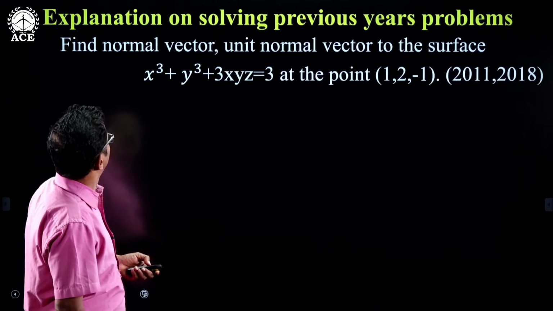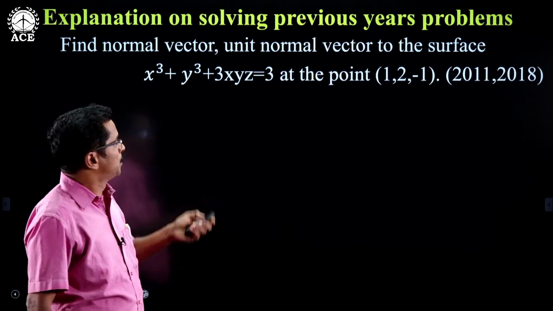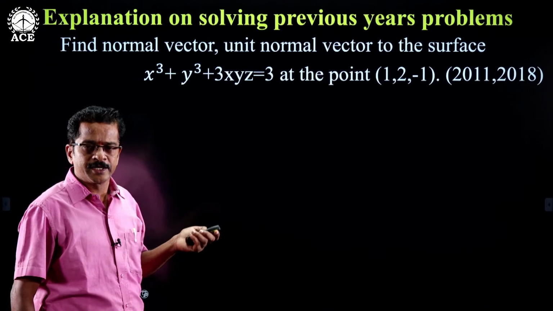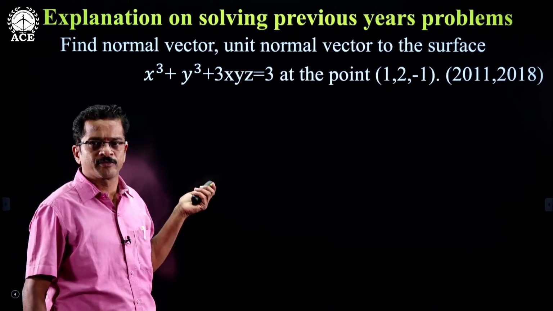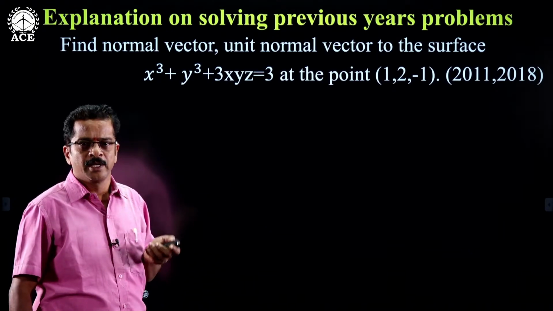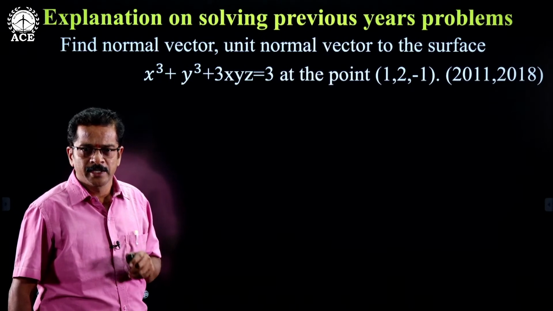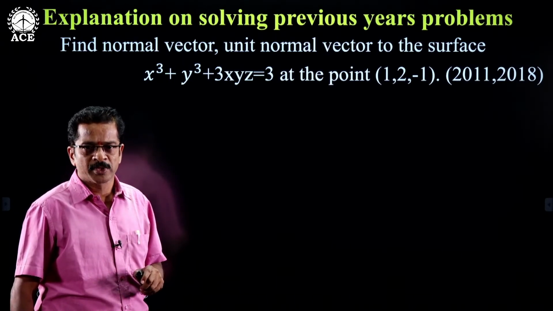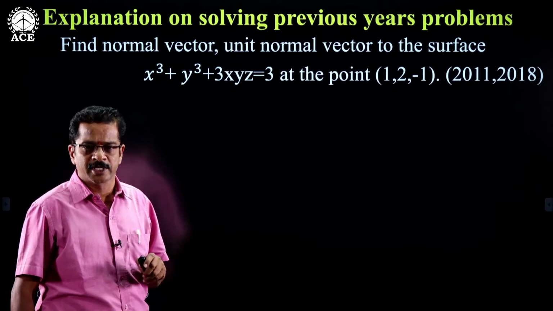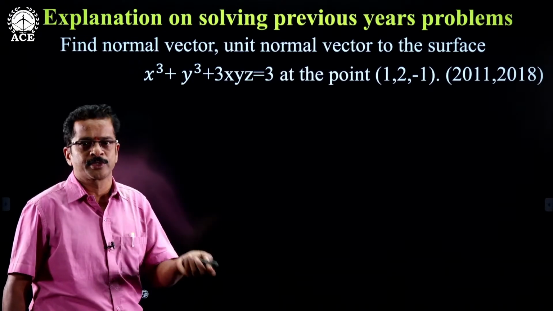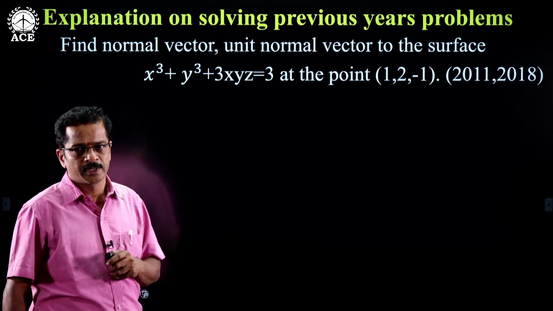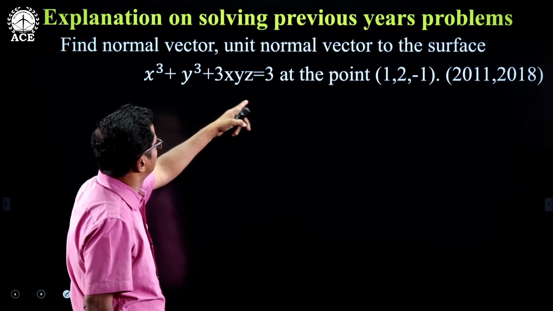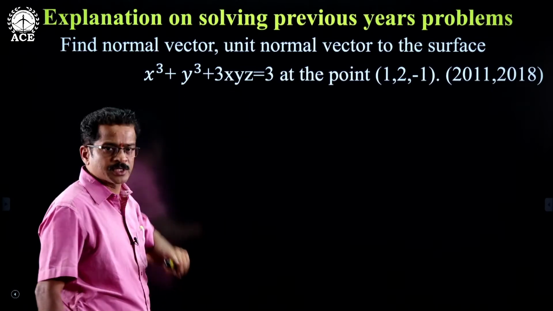Next one, find the unit normal vector to the surface. I already said in the introduction, in the definition of gradient, that if I apply a gradient to a scalar point function, then the gradient becomes a normal vector to the scalar point function. Now this is a surface, meaning a scalar point function or surface function.